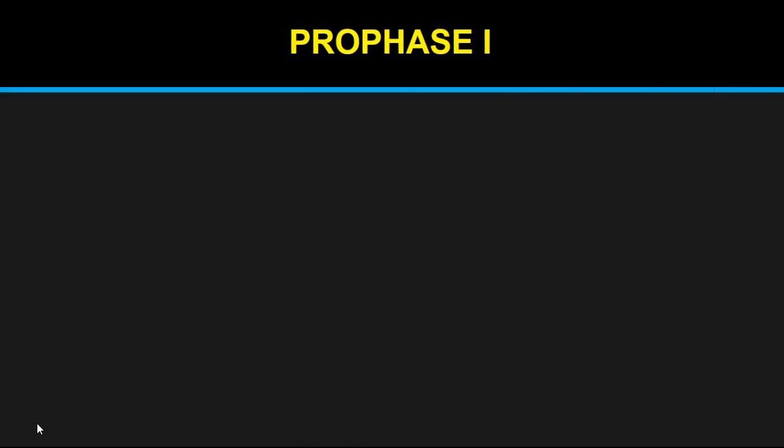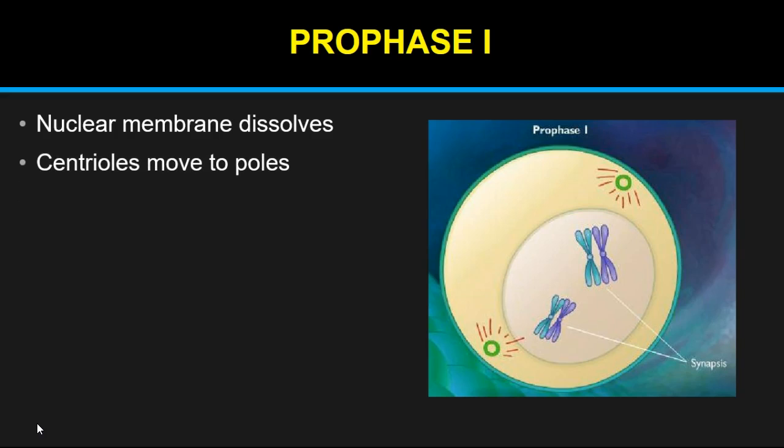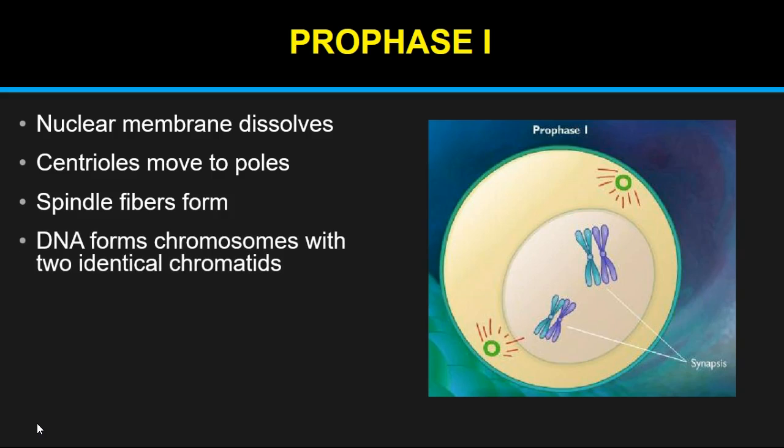Then the cell enters into prophase I. And during prophase I, the nuclear membrane dissolves. The centrioles have moved to the poles of the cell. Spindle fibers are forming, and DNA takes the form of chromosomes that each have two identical chromatids.